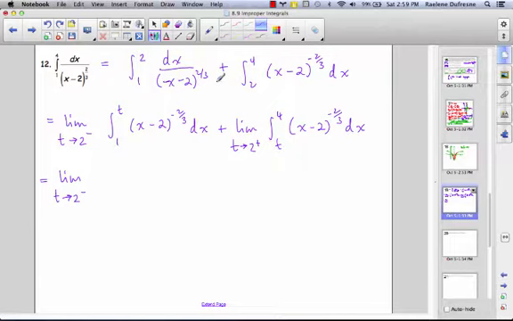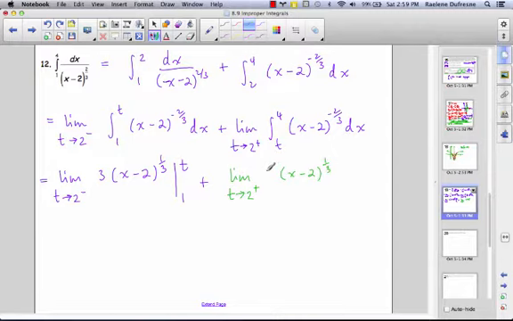So we're going to get x minus 2 to the exponent 1/3 divided by 1/3, which is times 3. And I'll do the other integral in green. So we're going to get the limit as t approaches 2 from the right, x minus 2 to the exponent 1/3 divided by 1/3, evaluated from t to 4.